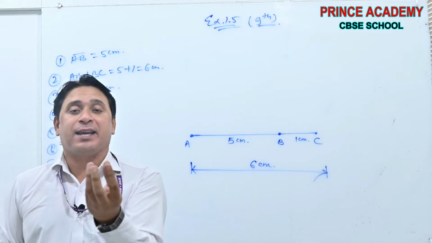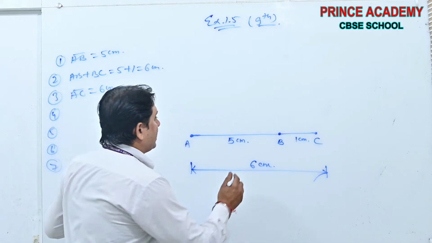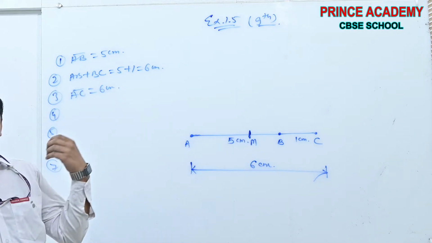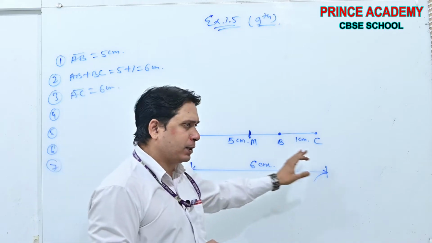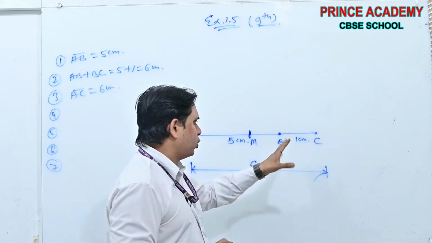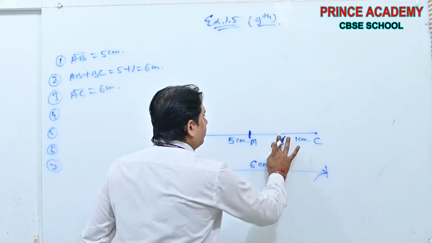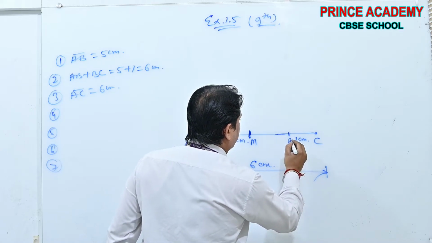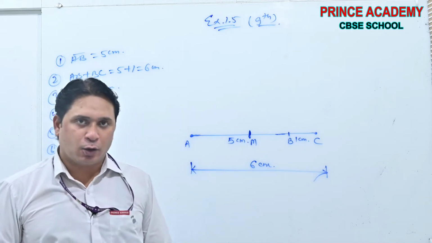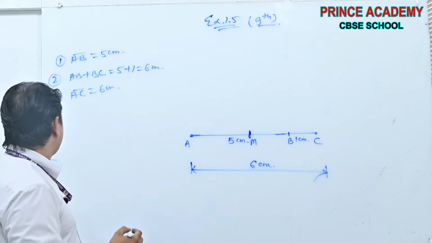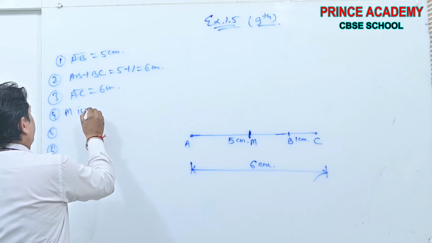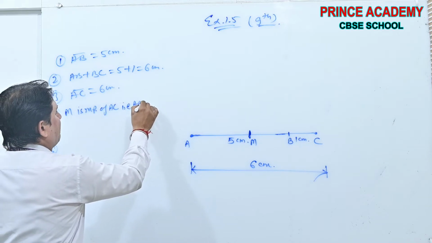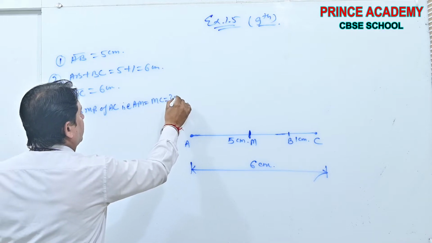See, now AC is 6 centimeters. Suppose M is the midpoint of AC. Okay? Don't hover the scale. Now see, M is the midpoint of AC, that is AM and MC are 3 centimeters.